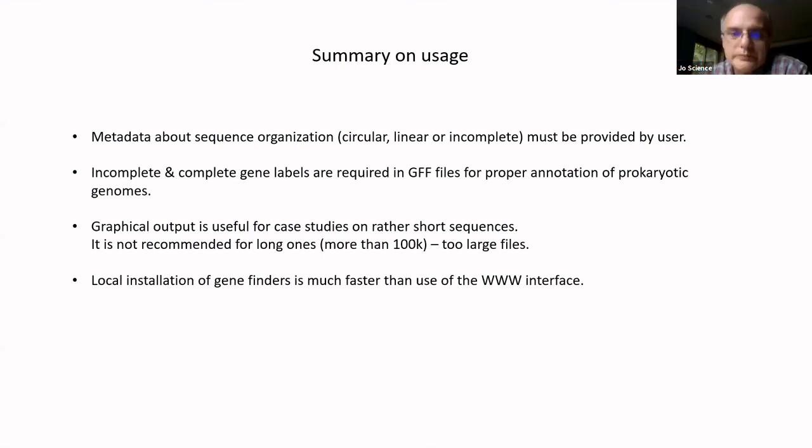So you have to provide circular, linear, or incomplete. Yes, we are doing some deviations from a standard, because the GFF standard doesn't have anything inside about incomplete or complete genes and how they should be annotated. So please check the formats before you use our software.